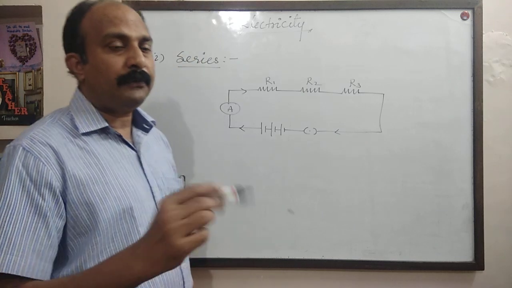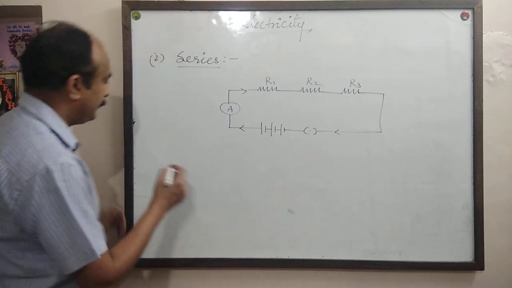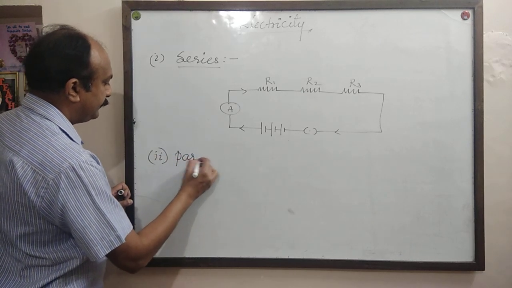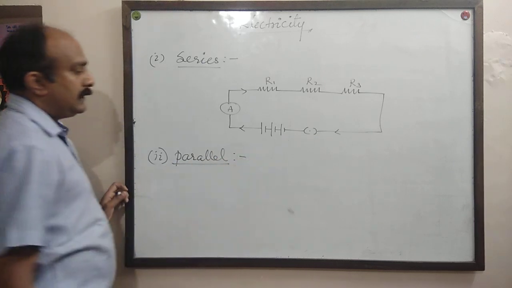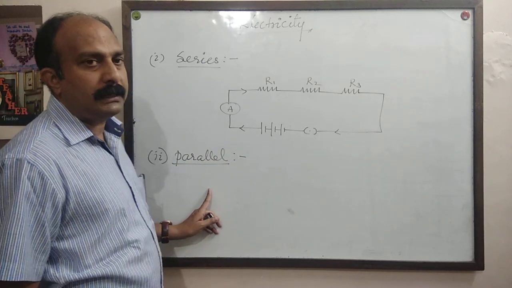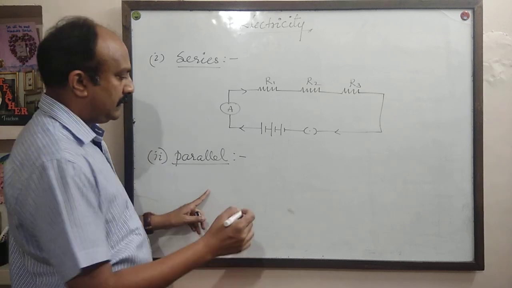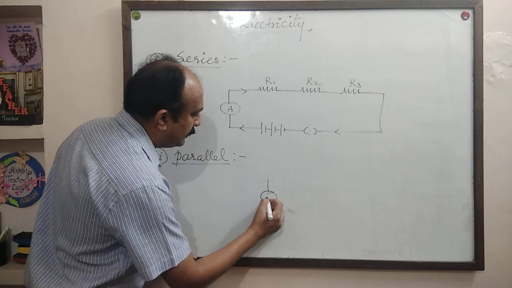The second way of connecting the resistors in a circuit is called parallel. The resistors can be connected in parallel in an electric circuit. Now let's see what is meant by parallel combination.